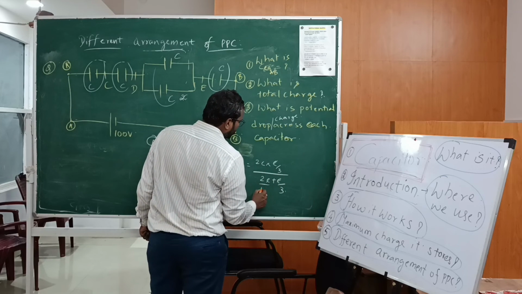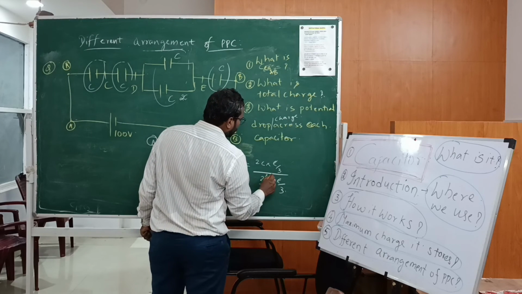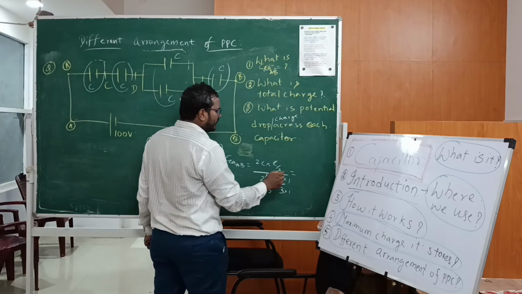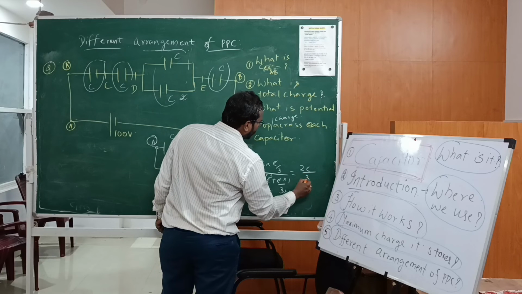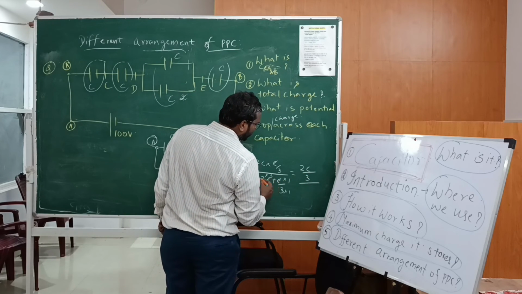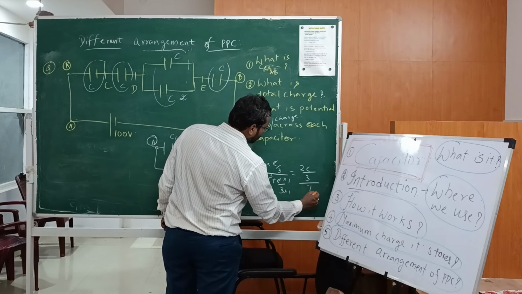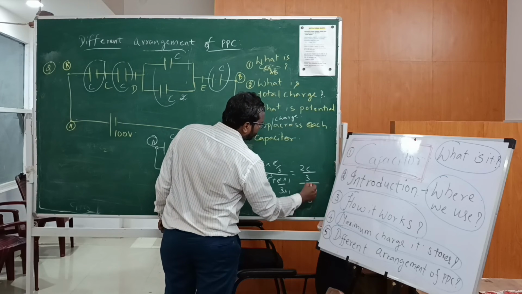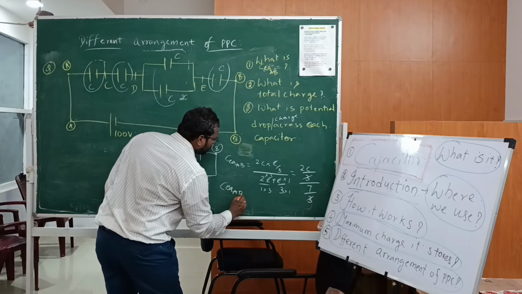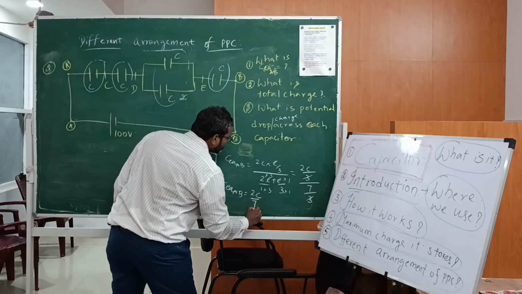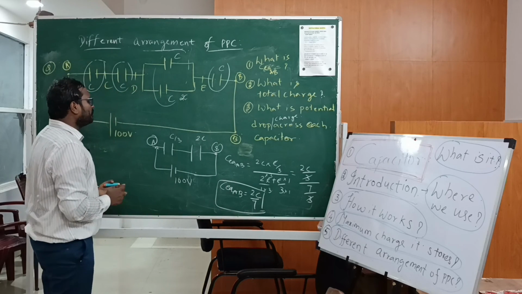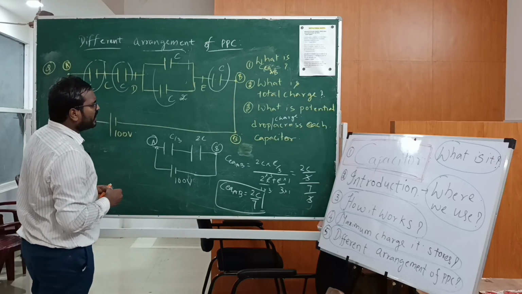Taking the LCM, 3 into 2 is 6, plus 1, that will be 7 by 3. The 3 gets cancelled. So C equivalent across AB is 2C by 7.